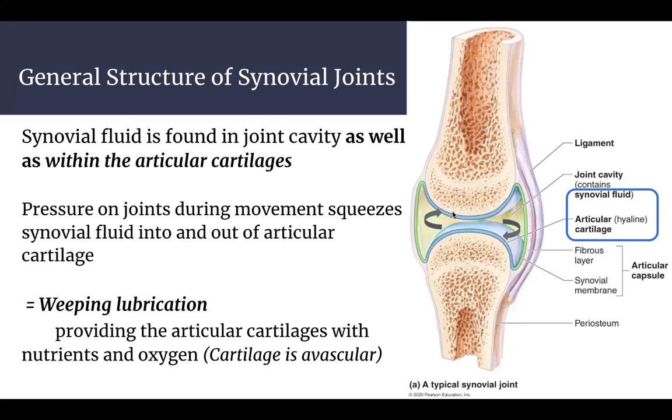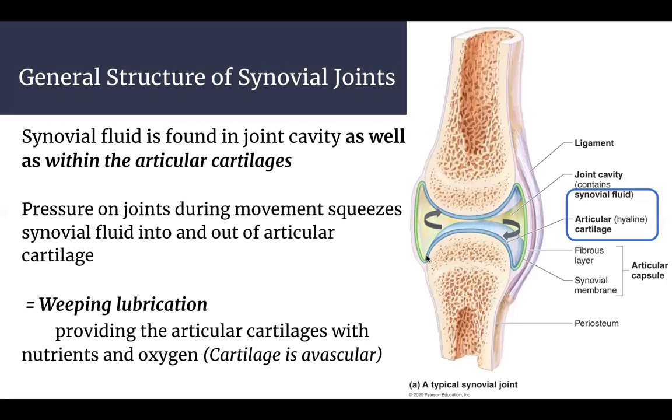And it is squeezed in and out of this articular cartilage by the pressure on our joints during movement. So as we're moving this joint back and forth, the pressure on the synovial fluid allows it to be pushed in and out of the articular cartilage layers on the ends of the bone.